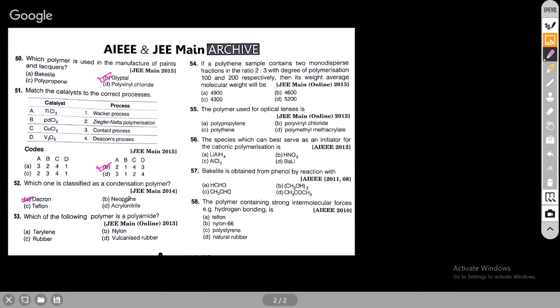Which of the following polymers is a polyamide? Nylon, correct? 53 is B. Yeah, nylon. 54, you let it be. We'll solve this in the last. 55, you tell me.